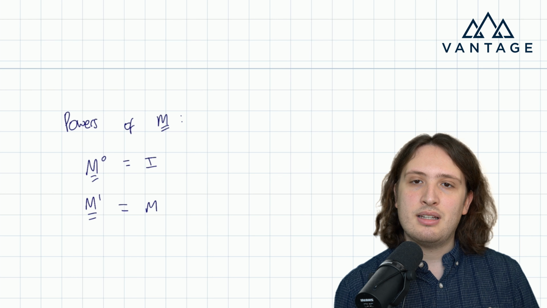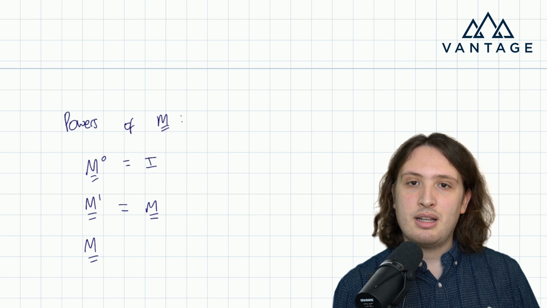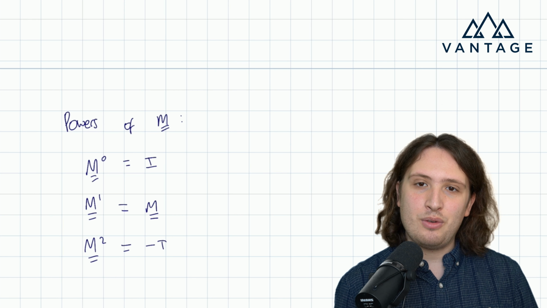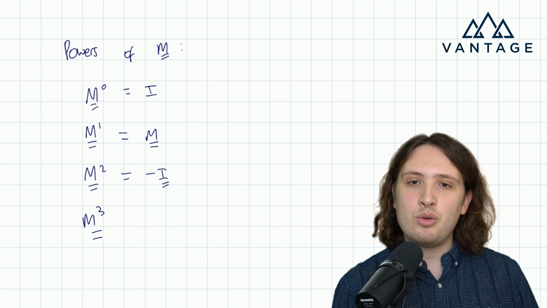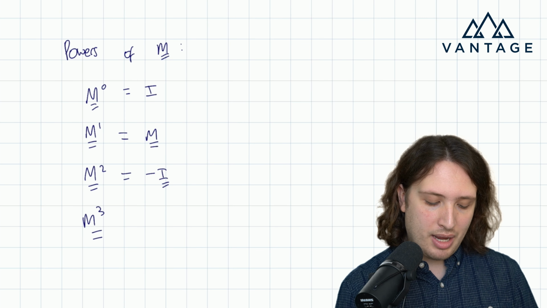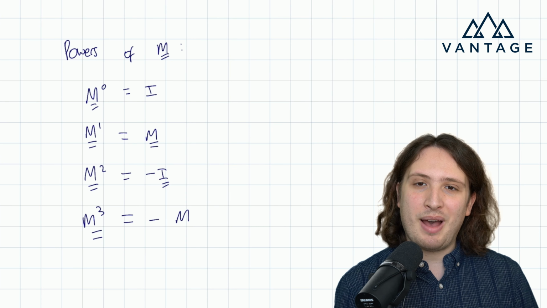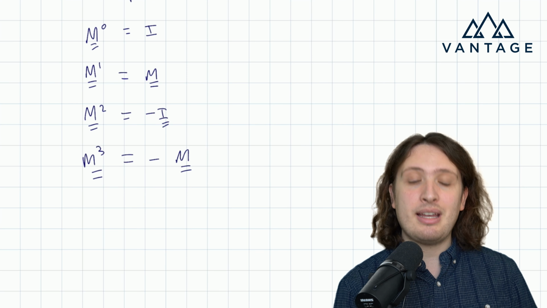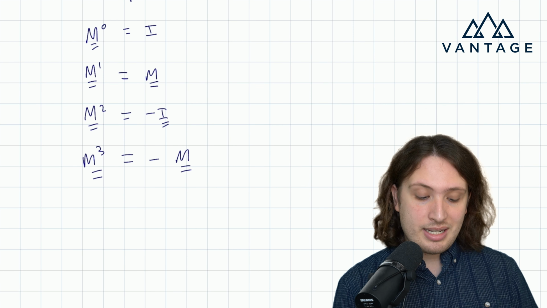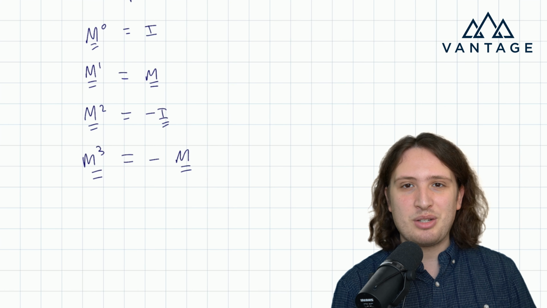M to the 1 is M. M squared, we just proved, is minus the identity. That means M cubed, if I just multiply that by 1 more M, is going to be minus M, because I times M is M, but you've got the minus out front already.